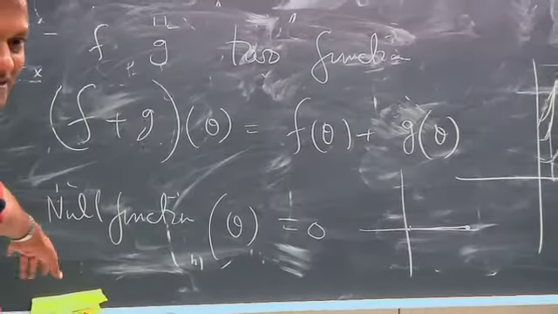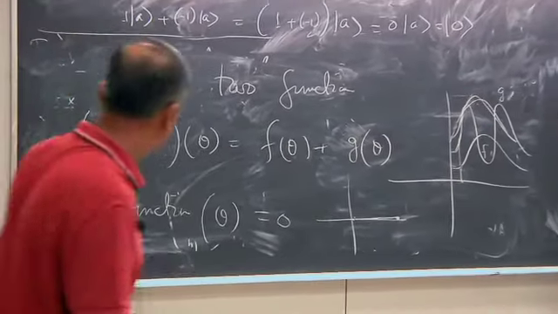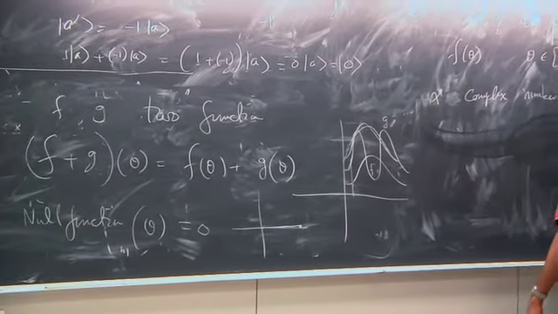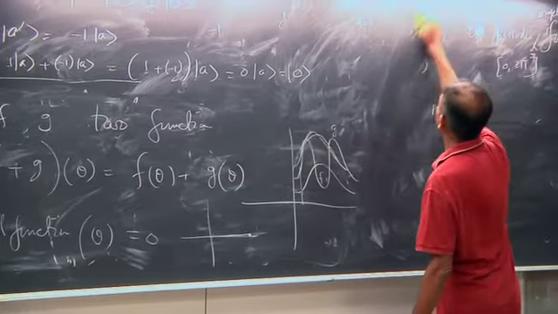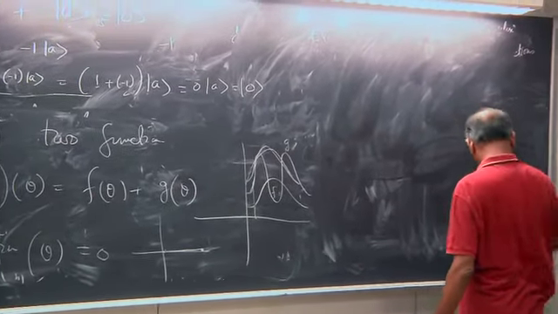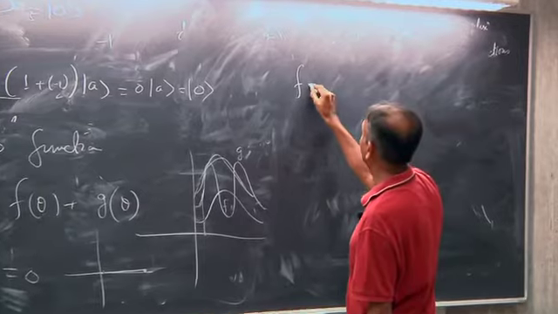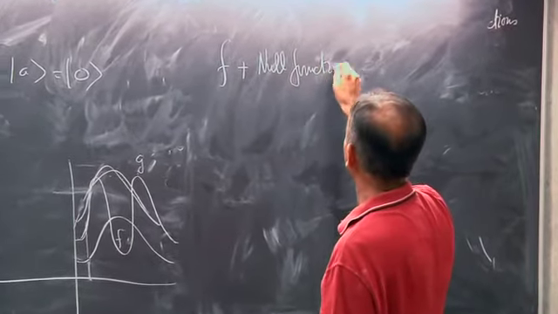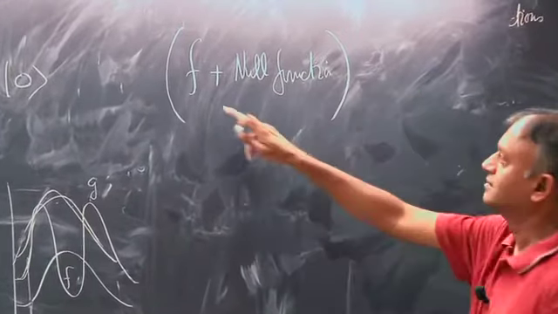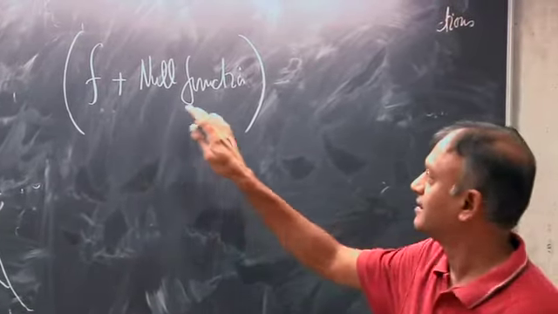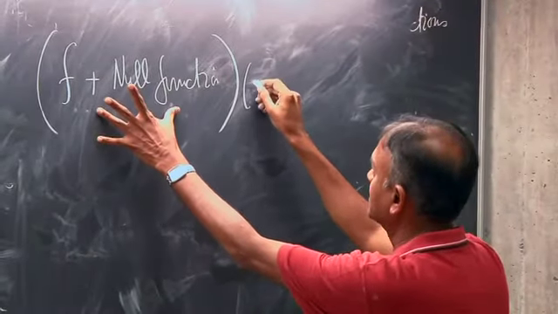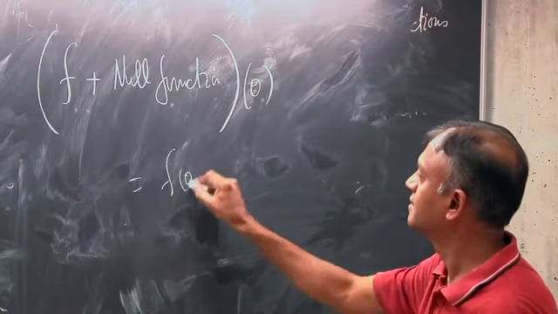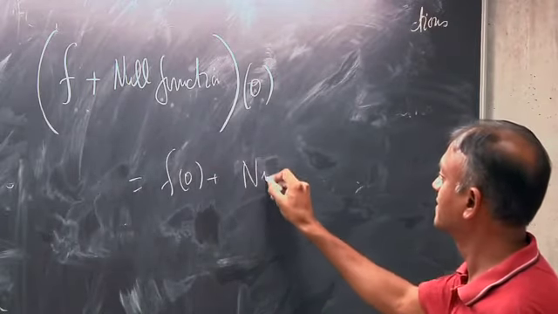Maybe I was too fast. What I'm saying is, let's check if this is the null function or not. So I want to see if I take a function f and add to that the null function. Now the rule of addition was that if I evaluate the result of this function on theta, that is the same as f of theta plus the null function evaluated at theta.